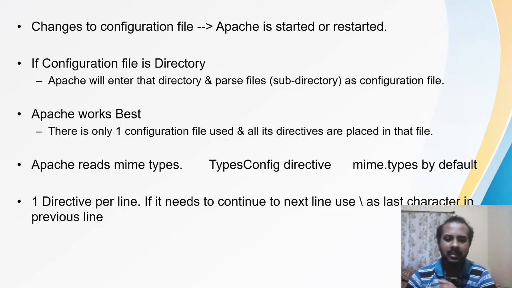Apache works best when you have only one configuration file and all the directives are present in that particular file. Why? Because if you have 3 or 4 configuration files, every time you have to open all of them and keep the application running, so it is very time consuming and there will be overheads.